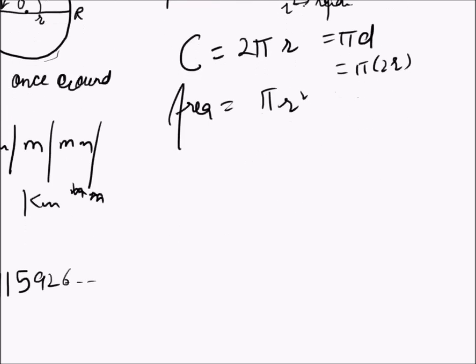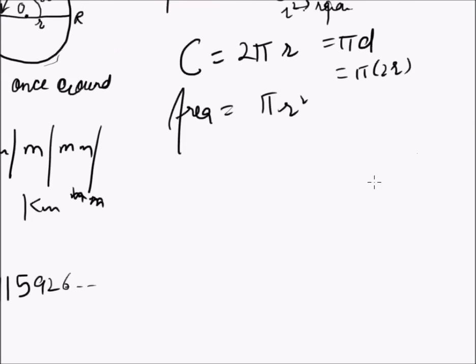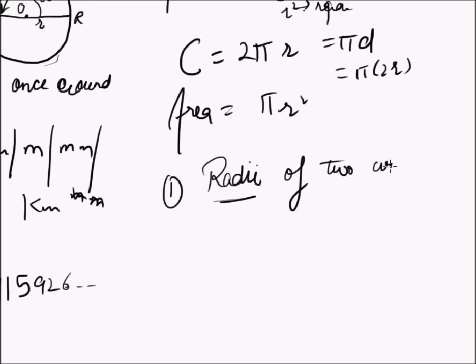Let us have an example on this topic. The question says, radii is plural for radius. Radii of two circles are 3 centimeter and 4 centimeter.